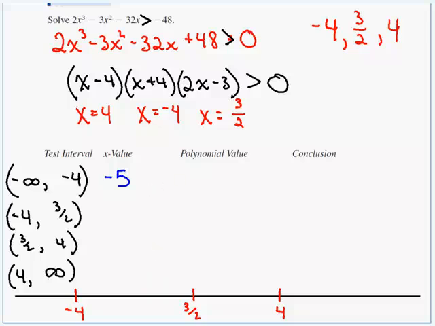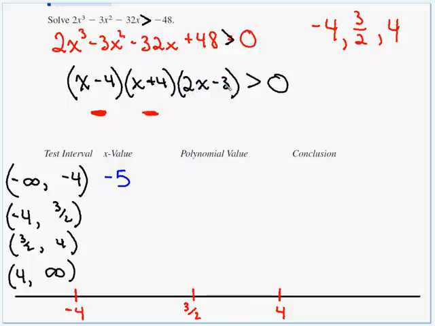If I take that negative 5, let's see here, this might be easier if we test these in the factored form. Remember, we're only worried about positive or negative, not the actual value. So if I plug negative 5 in here, negative 5 minus 4 is a negative number. Negative 5 plus 4 is a negative number. And here we'd have 2 times negative 5.